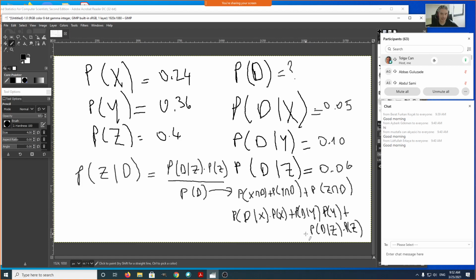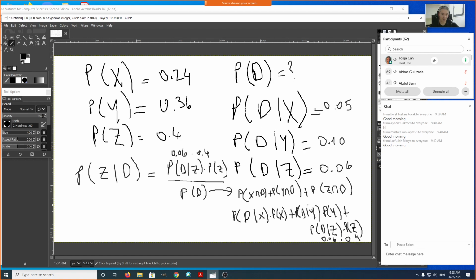Okay, so again, this is just an intuitive thing that maybe helps you understand what's going on if you forget the formula or if you forget the Bayes rule. Now all you need to do is make these multiplications. Everything here is given in the question. So this is 0.06, this is 0.4, times 0.4.